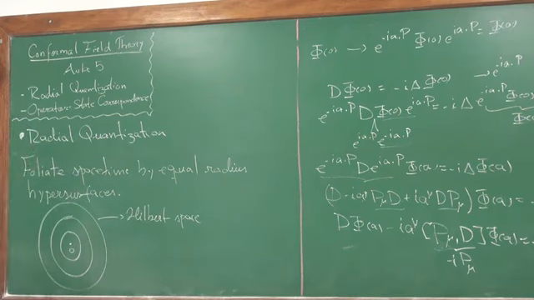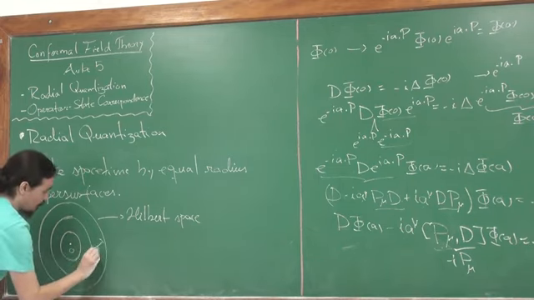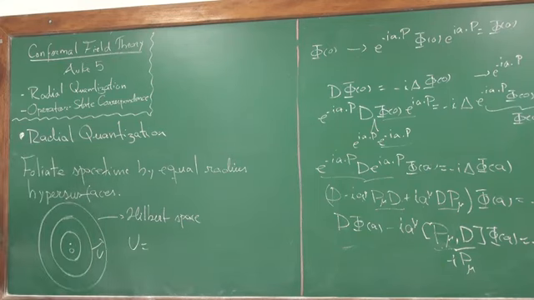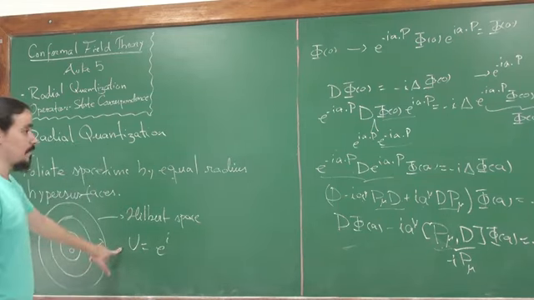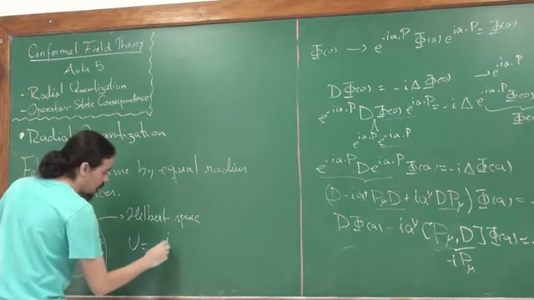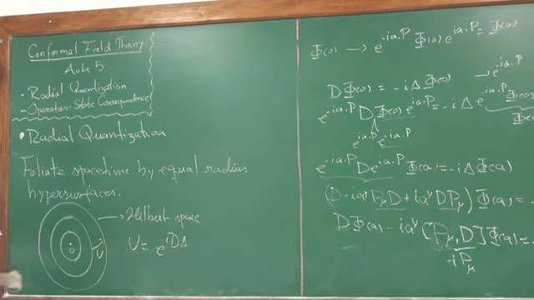Different surfaces are connected by an evolution operator, say U, which now is just scalings. Scalings will play the role of the Hamiltonian in CFTs. The operator U is going to be e to the i times the scaling generator D times some delta, because there are some coordinate changes.